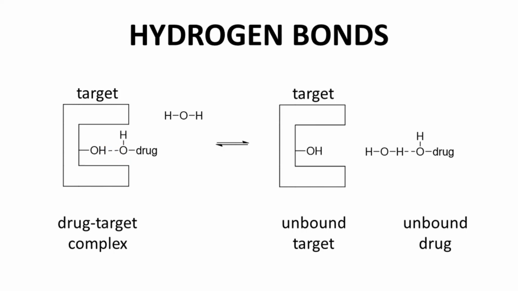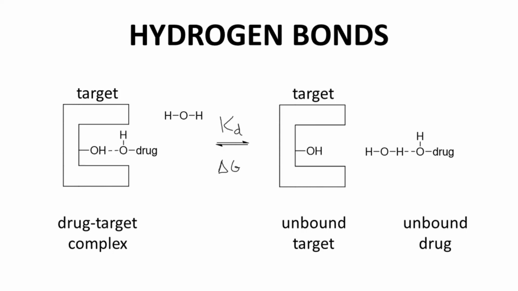In theory, we could use the Kd value, the dissociation equilibrium constant, and determine delta G. What is this delta G? It is the free energy difference between the products and starting materials.